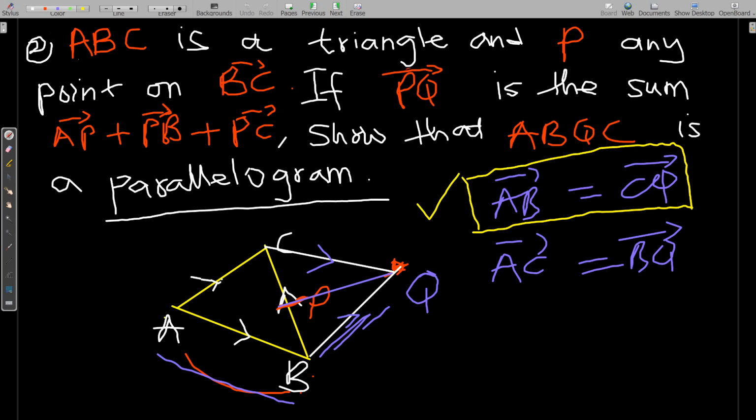So we have to use this whole side of the triangle, meaning the top side of the parallelogram. Let me use the green one. We have to use this side of the triangle, and then we'll be able to show that.